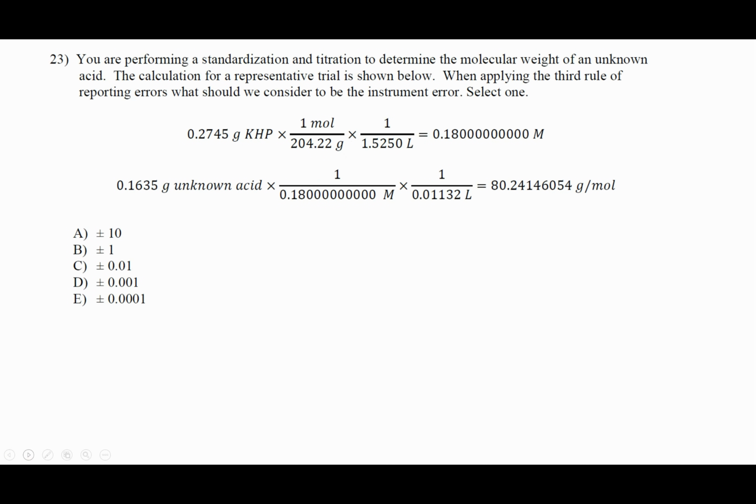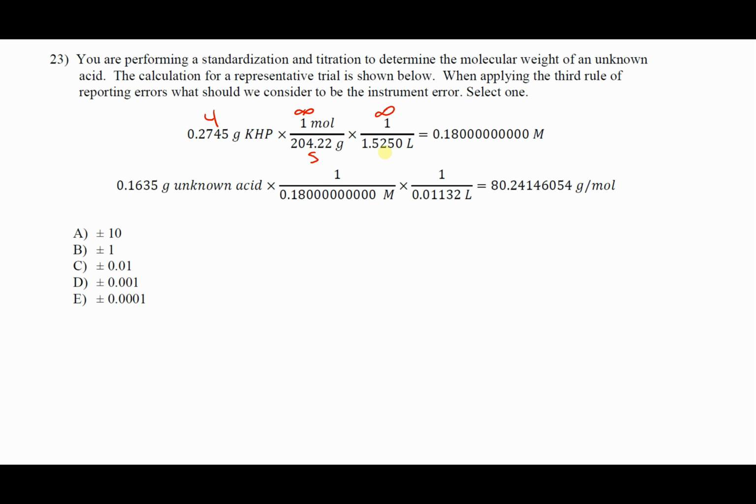You perform standardization and titration to determine the molecular weight of an unknown acid. The calculation for a representative trial is shown below. When applying the third rule of reporting errors, what should we consider the instrument error? Select one. Well, everything here is multiplication and division, so what rules this is simply what has the lowest number of sig figs. Here I have 4. Here I have 5. Remember, 1 mole is infinite.